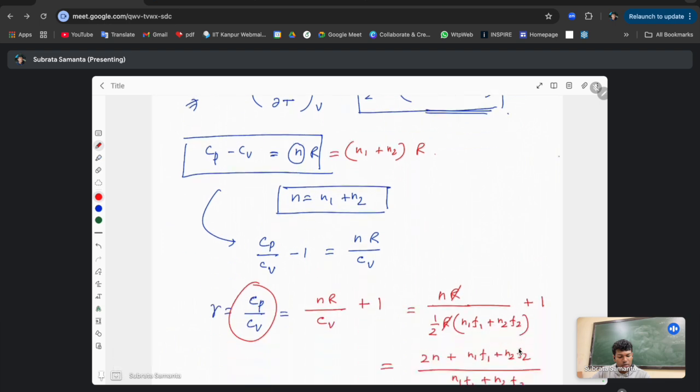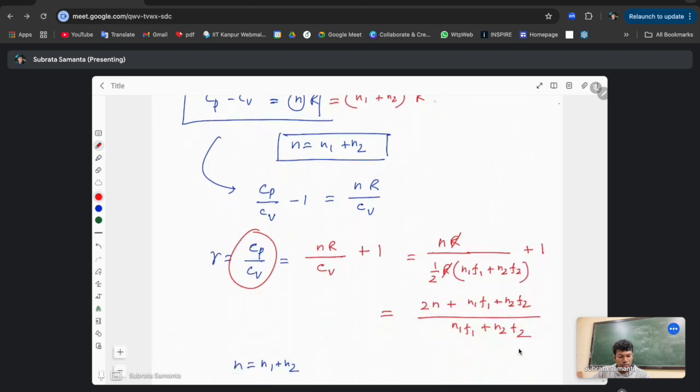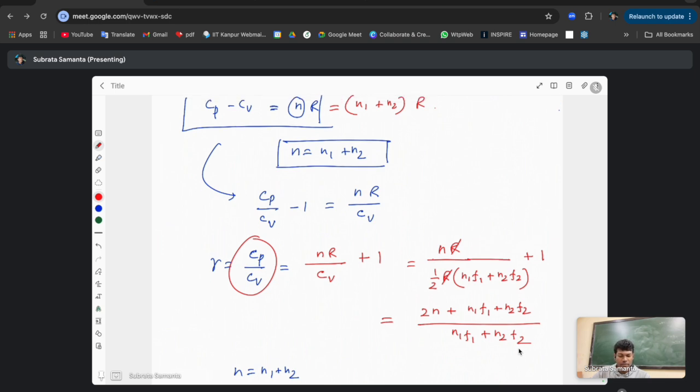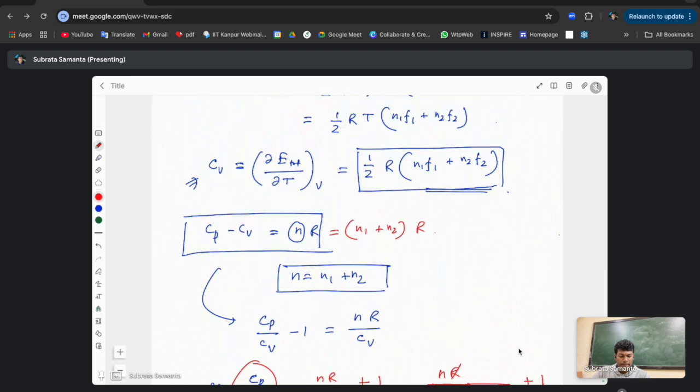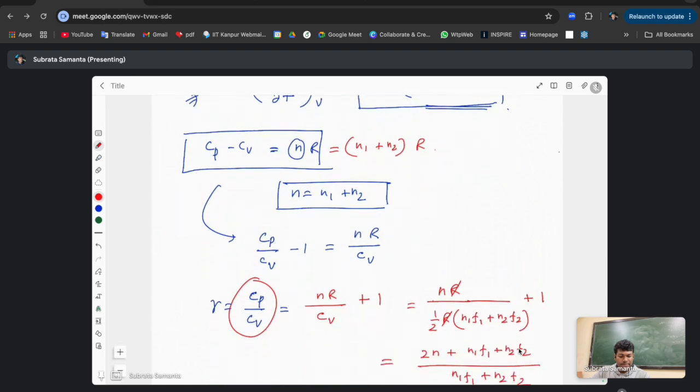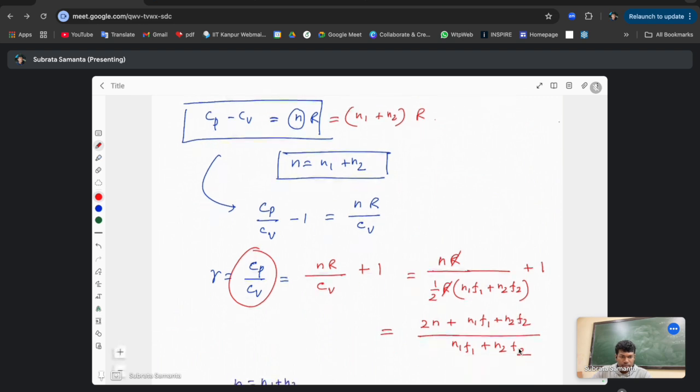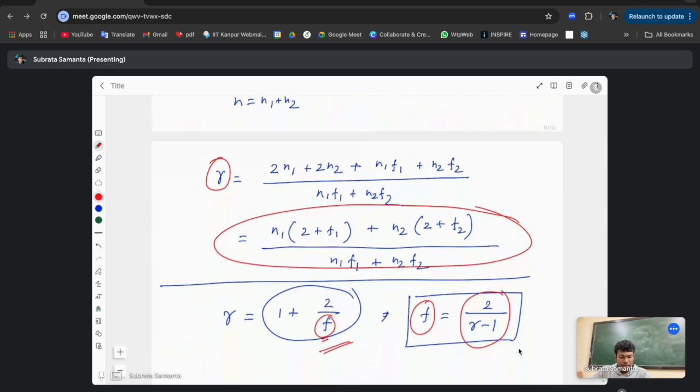So now you can get that gamma equals 1 plus 2 by f, where f is the degrees of freedom. I can compute the same thing for this system. But in this case, you cannot just calculate f as n1 f1 plus n2 f2, right?